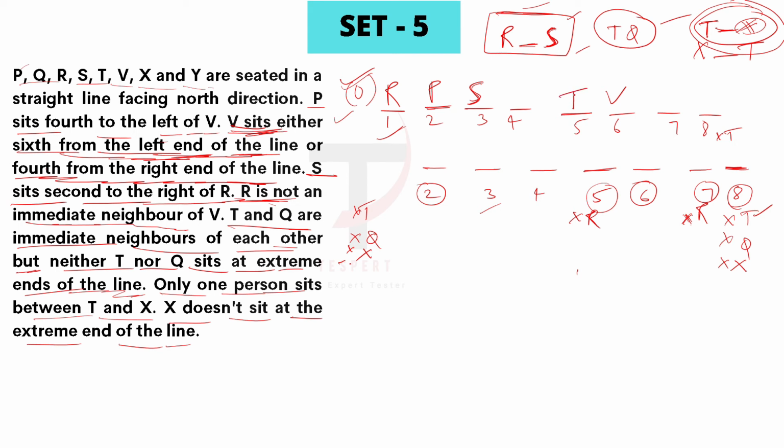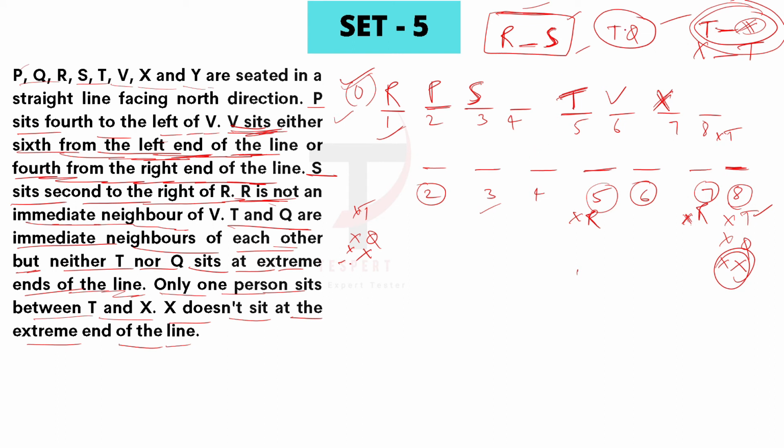If we place t at 5, what we can do is t dash x. So there must be one person between t and x, and that person is v, and x will be here at 7, because x cannot be at 8, as x shouldn't take the extreme end.